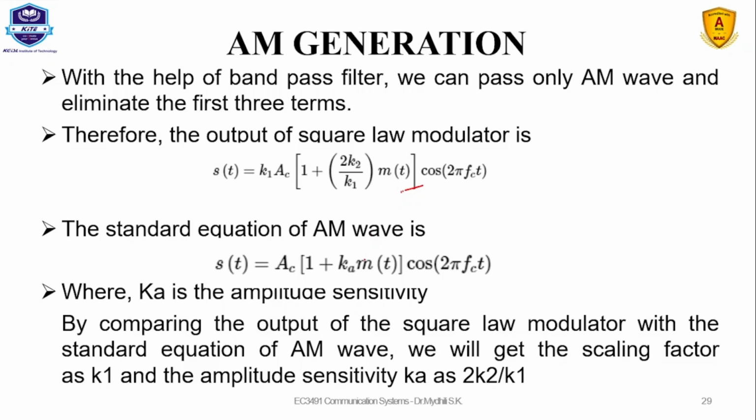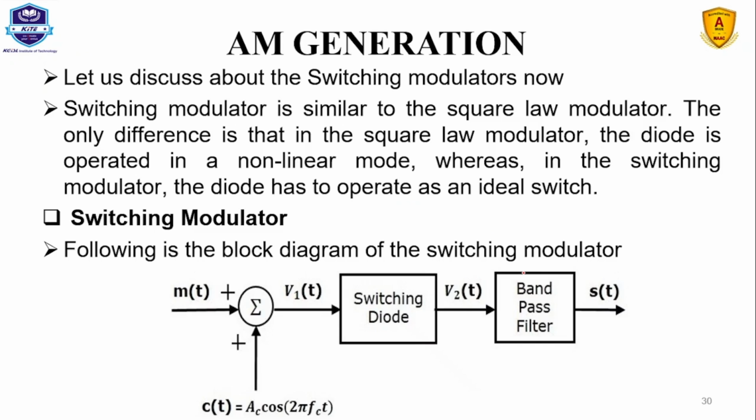Comparing this with the standard amplitude modulated waveform, it gives the carrier along with the message signal, with omega m and omega c. Hence we have the three terms: carrier, lower sideband and upper sideband. So we have produced the AM signal by using the square law modulator.